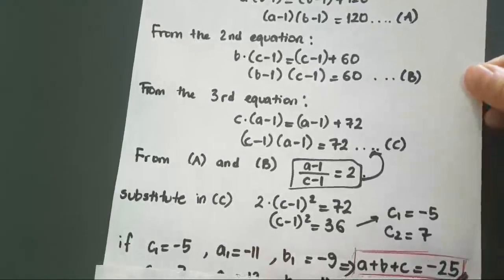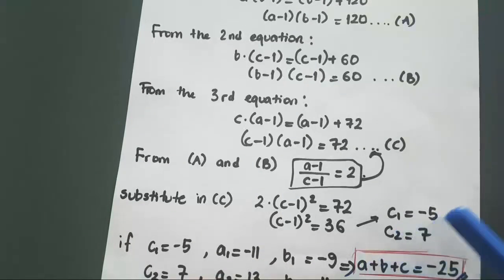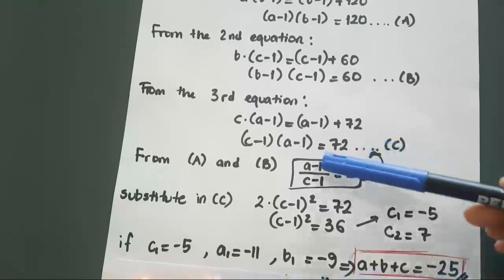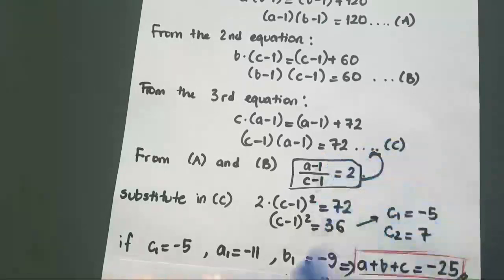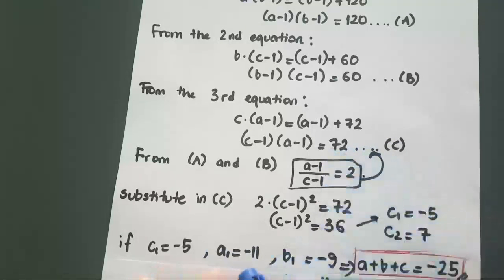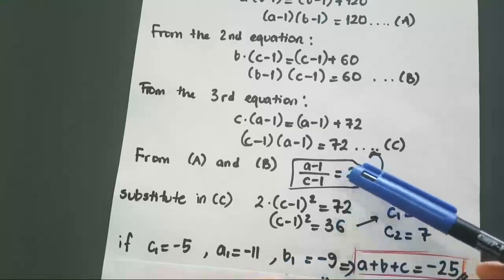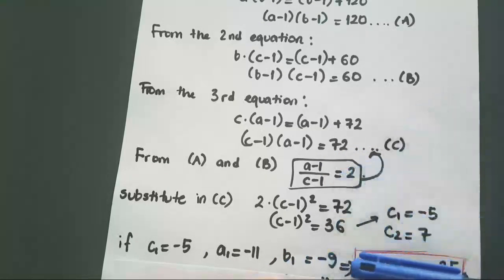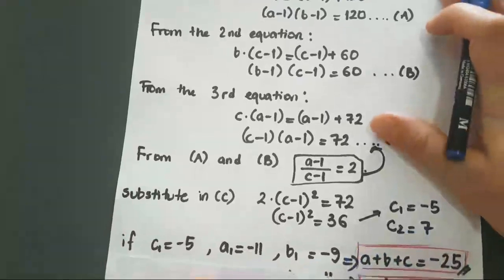So I have to check all possibilities for C1 and C2. If C is negative 5, then how do I find A1? I will use this equation. If C is minus 5, when I substitute it, A1 is going to be negative 11, and B1 is going to be negative 9. The sum of A, B, C is going to be negative 25.